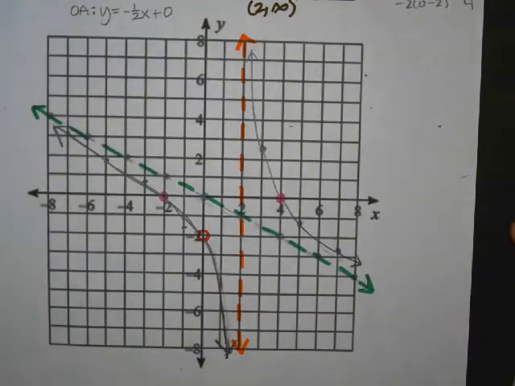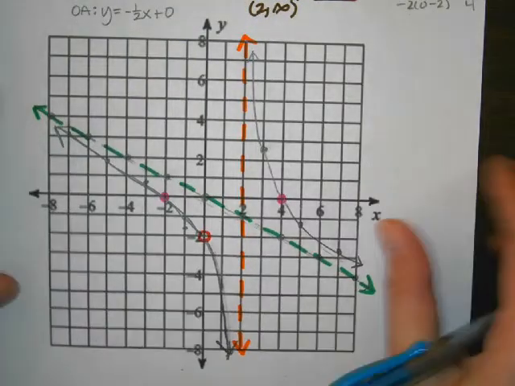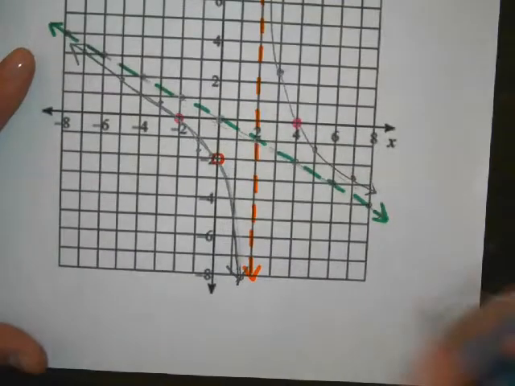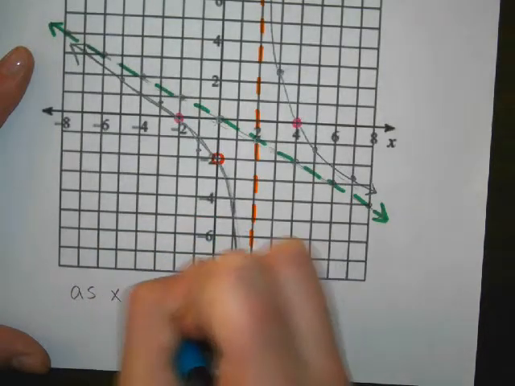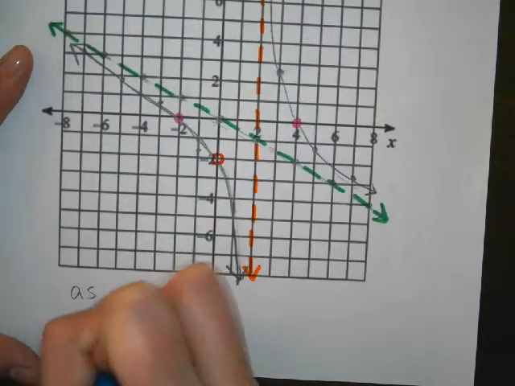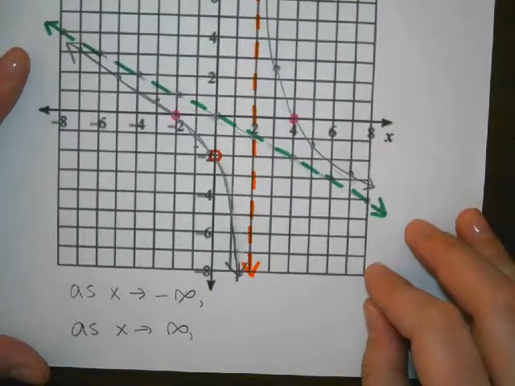So on here, we're going to practice today just finding that end behavior and make sure we can get it and write it correctly. So I'm going to say as x goes to the left and as x goes to the right, so always check the left side of the graph and the right side of the graph.